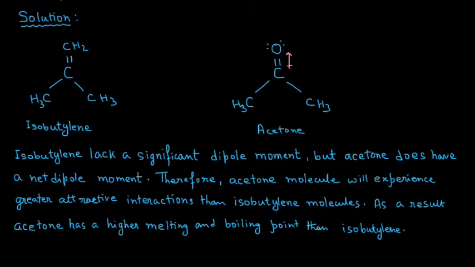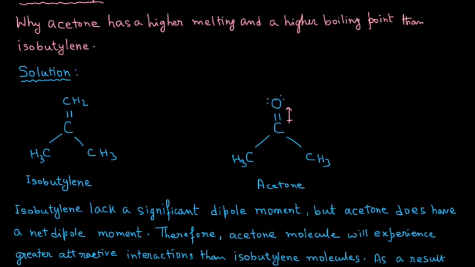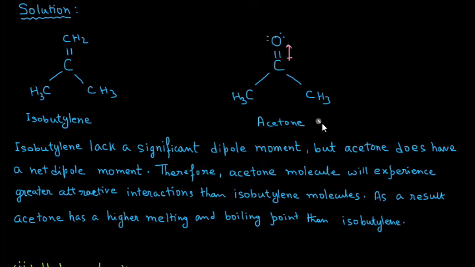The question is why acetone has a higher melting and boiling point. The answer is very simple. Isobutane lacks a significant dipole moment. You can see here that acetone has a dipole moment, but isobutane does not.